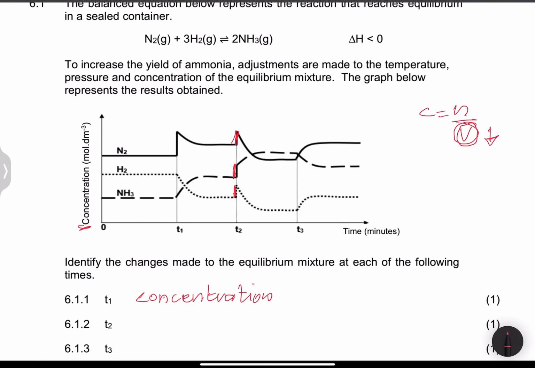But after that, equilibrium starts to take effect. Of course, there'll be a reaction that is favored; we'll perhaps look at that a little later. So T2 was a change in pressure. And at T3, since they said three changes, it must have been temperature.